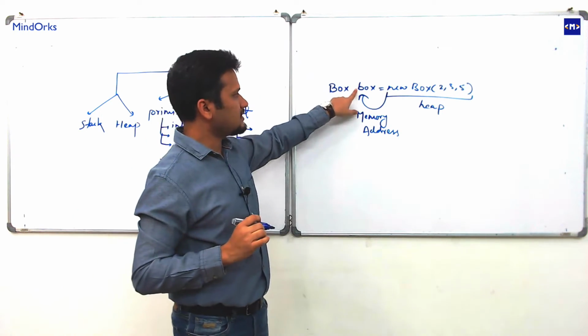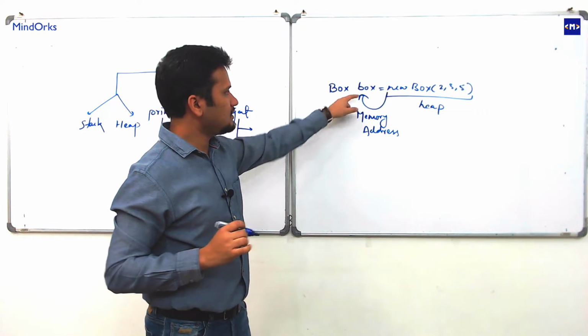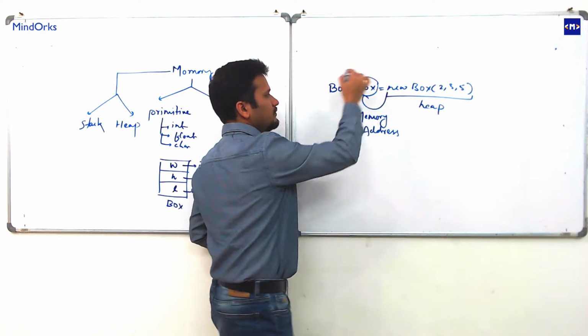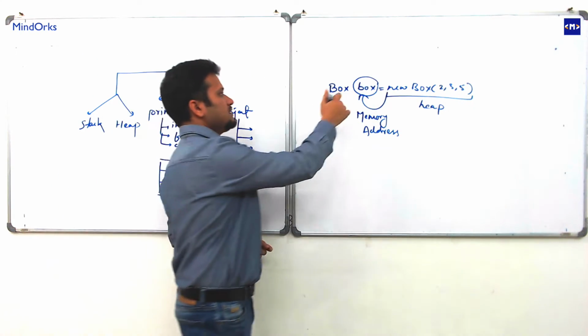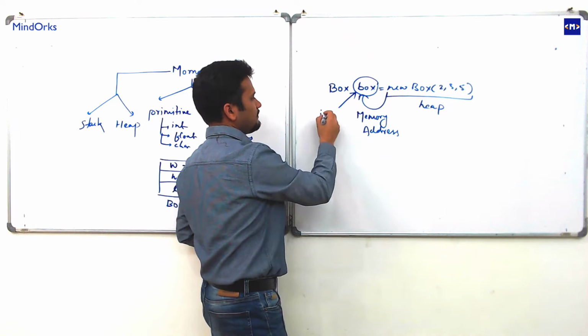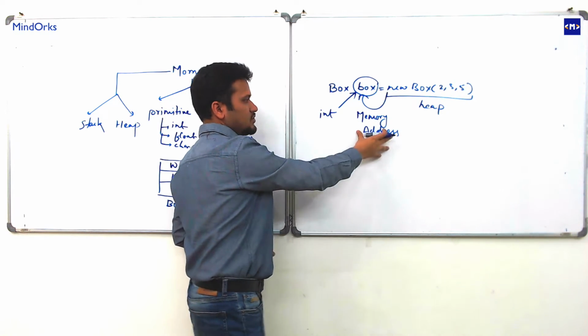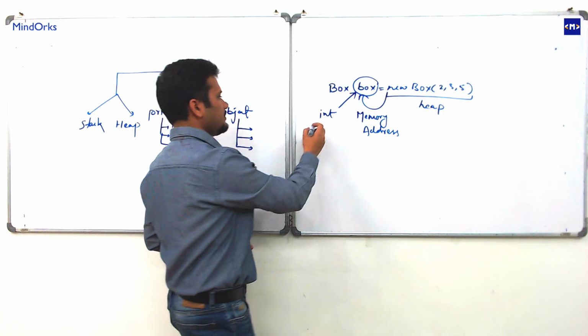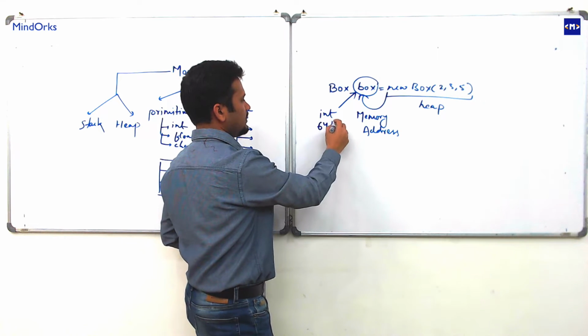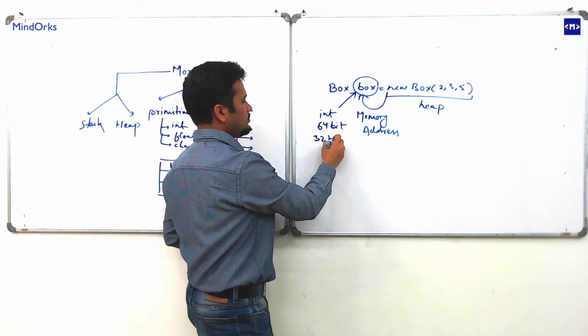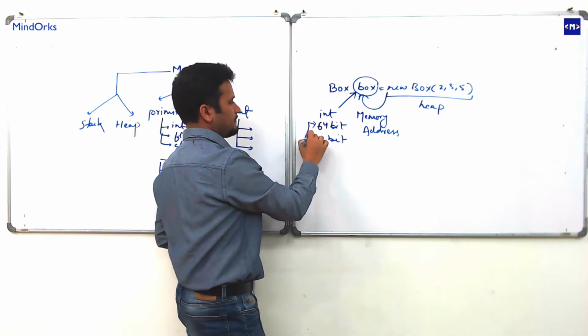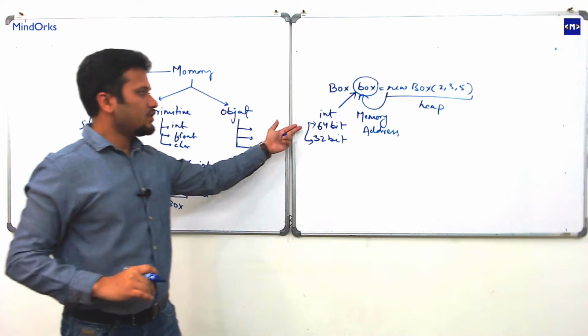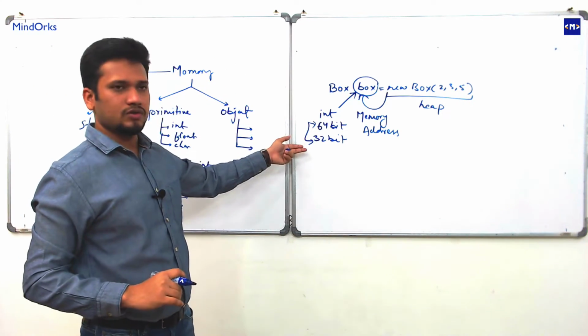So this box is a reference variable. The size, when you see it in memory, is the size of an int basically. This stores the memory address. It can be, for example, 64-bit on a 64-bit system and 32-bit on a 32-bit system. So it depends on the implementation of the OS also.